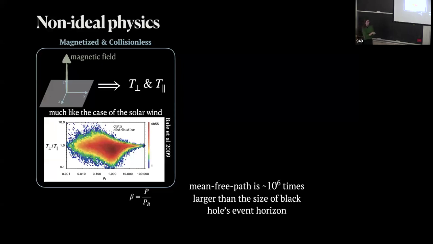Here, plasma beta is the thermal pressure over the magnetic pressure. What is important in this plot is that isotropic plasma would be just this ratio being 1. But you can see there is a whole distribution with this ratio being smaller or larger than 1. So plasma in the solar wind is actually anisotropic.